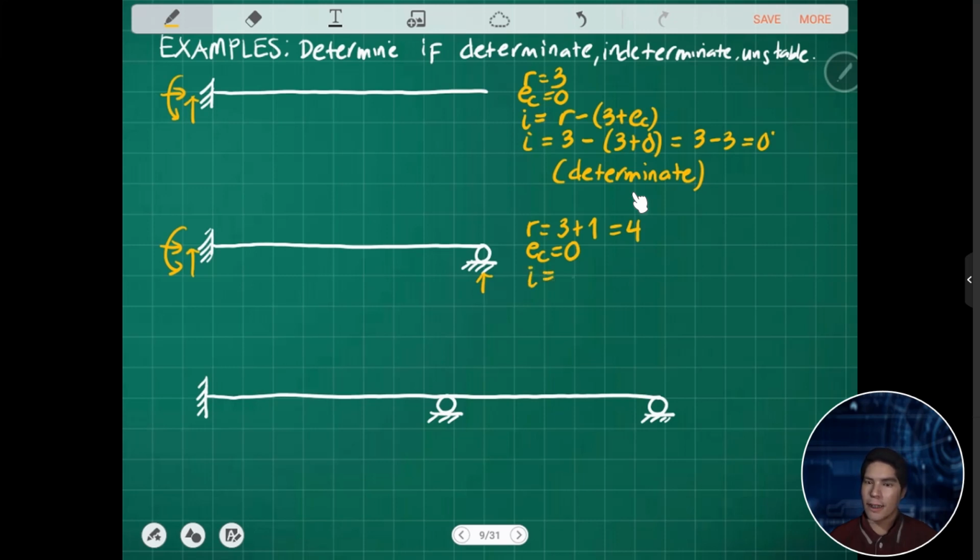So if we compute the degree of indeterminacy, we just need to substitute the values. So we get 4 minus 3 plus 0. So we have 4 minus 3. So we have 1 degree indeterminate.